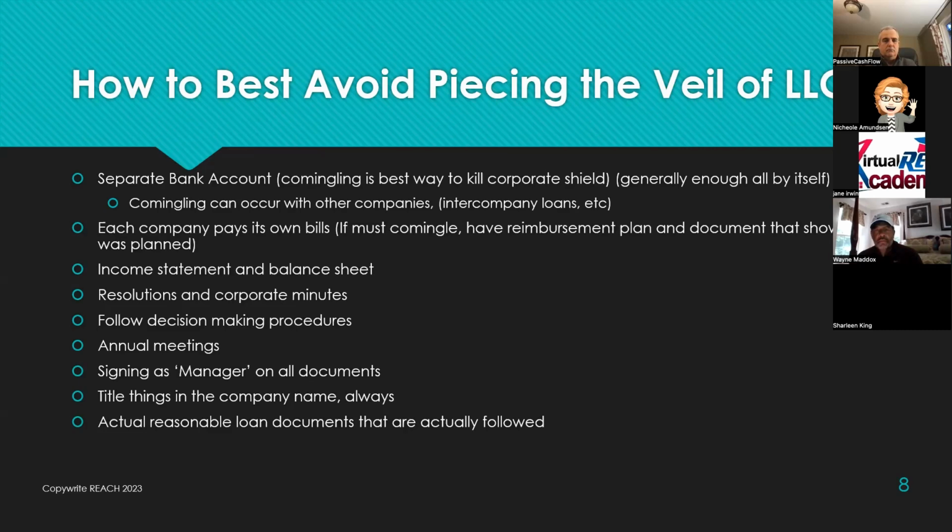Most of the time, those things are in your operating agreement. I know a number of people who have LLCs that don't have operating agreements, and you need to get one if you don't. Part of what you need to do in those is to follow the decision-making, to say how often you're going to have meetings, that you're going to have minutes.